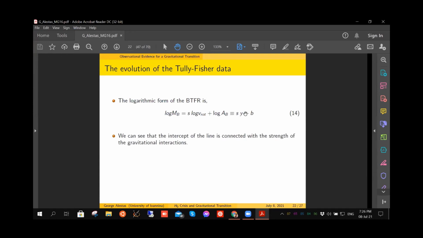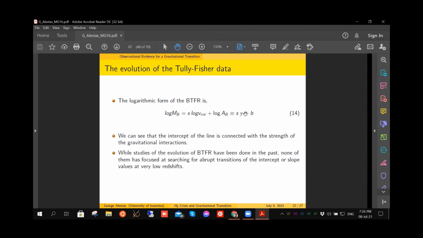And as I said, the intercept of this line is connected with the strength of the gravitational interactions. Studies of the evolution of the BTFR have been done in the past, but none of them has focused on searching for abrupt transitions of the intercept or slope values at very low redshifts. And that's exactly what we did.